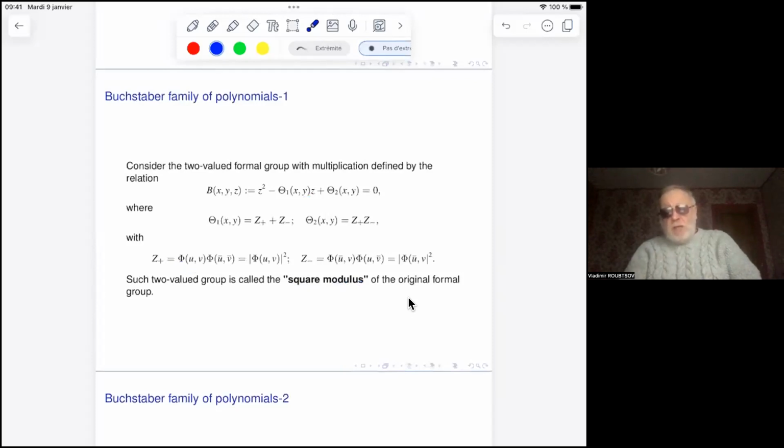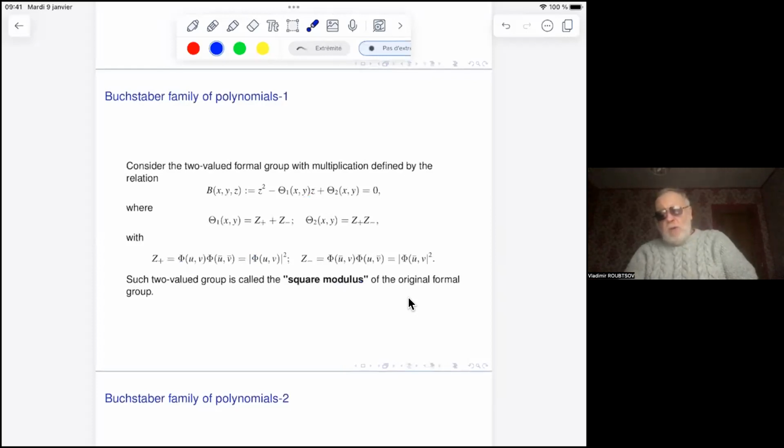And this two-valued formal group is called square modulus if there is another initial formal group phi such that z plus is phi of uv, which gives you the square of the module for f of u. We will suppose that now our basic field is C. And that's why the name square module, because this root is a square module of this formal group phi, and z minus is also the square module of phi of u bar v.